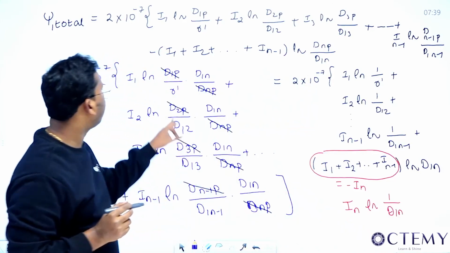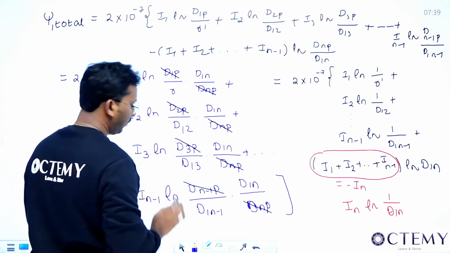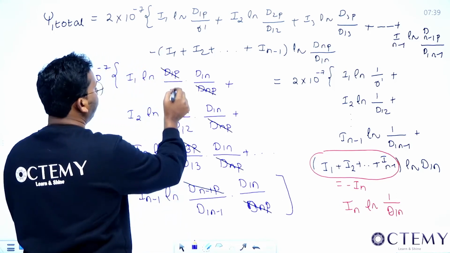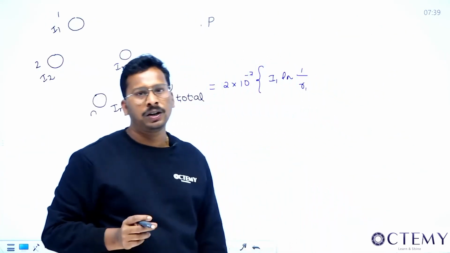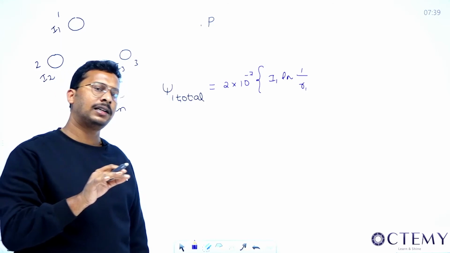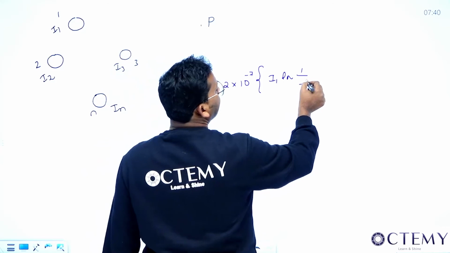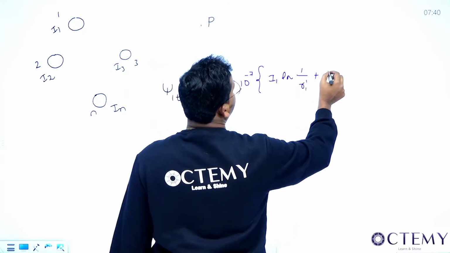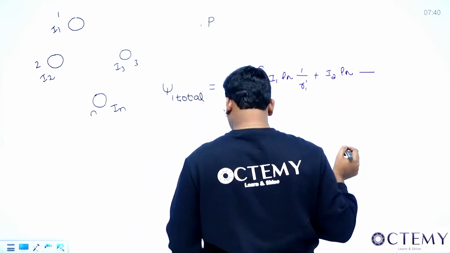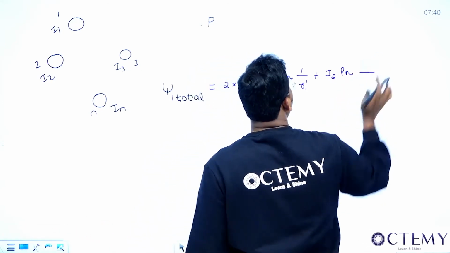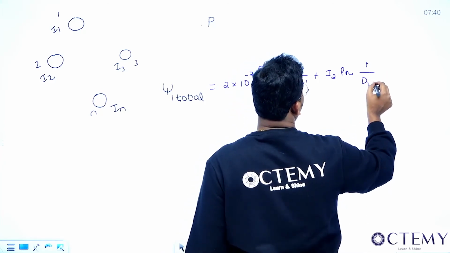This is R1 we have taken. R1 dash I am putting means that is total internal inductance, internal flux linkage plus external flux linkage, sir. Right? Both will be there. That's why you are getting a dash here. Plus the second current I2 into ln 1 by, if you can see, that should be d12.